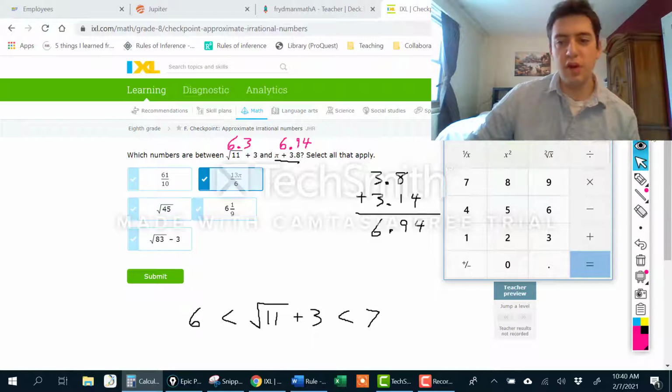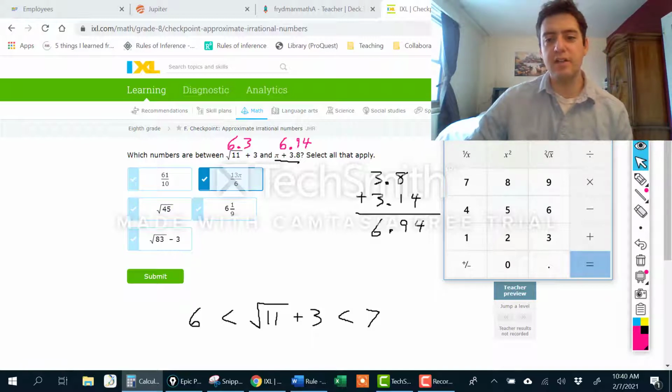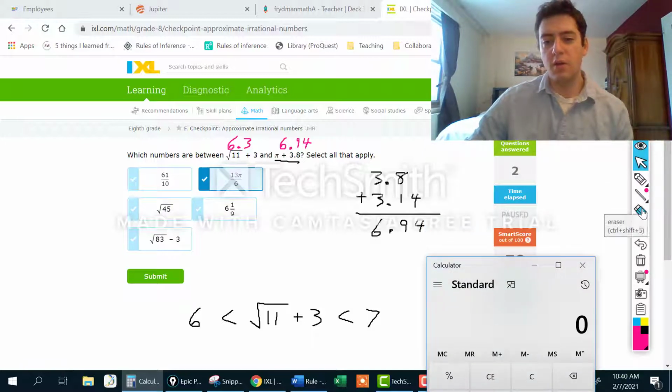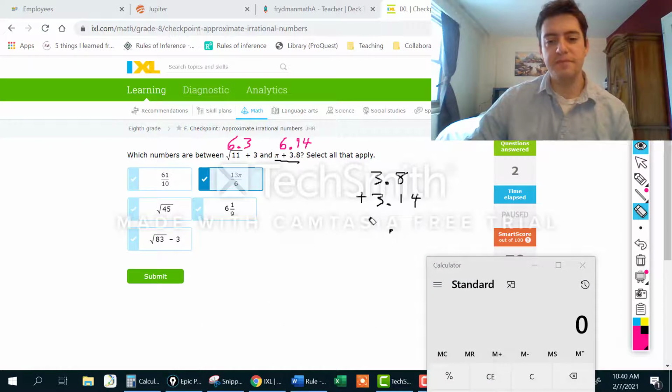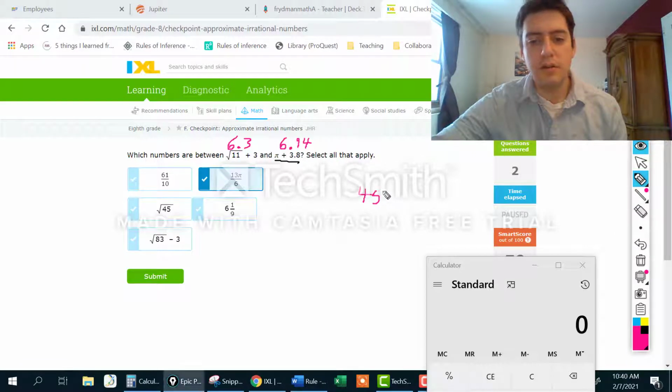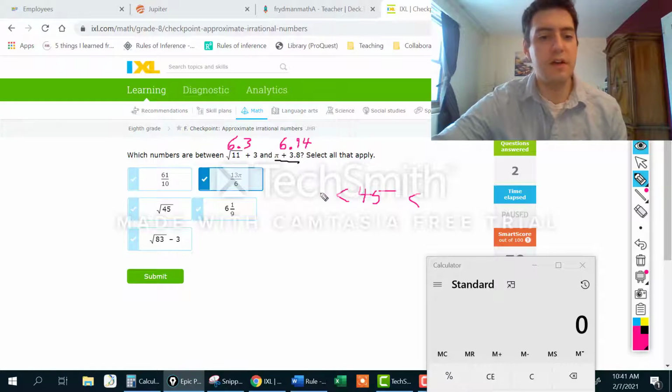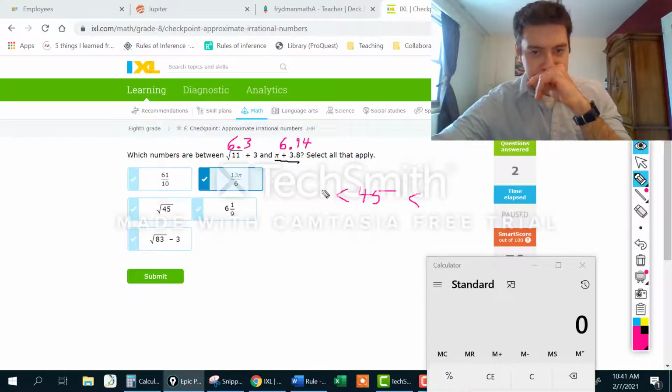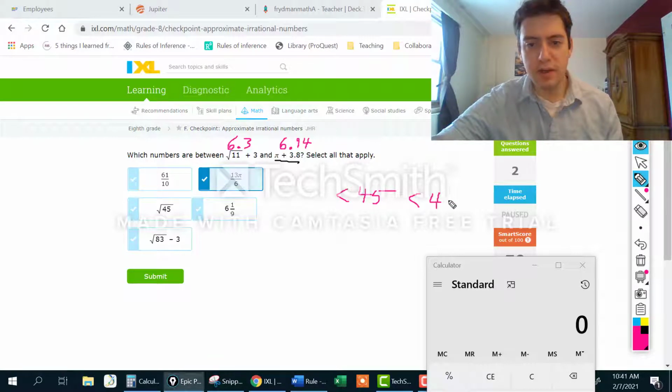The square root of 45, let's see. So we're going to use what we were doing before. We're going to find two perfect squares on either side of 45. So we could say 49 over here, we could say 36 over here.